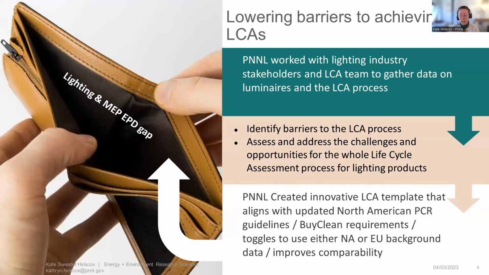It gives some standardization around how we can think about the grid mix for North America, and generally standardizes some of the background data that goes into this life cycle assessment process to improve comparability. We're thinking of this as a case study looking at the lighting industry, but then also expanding that to MEP products and batteries as well.